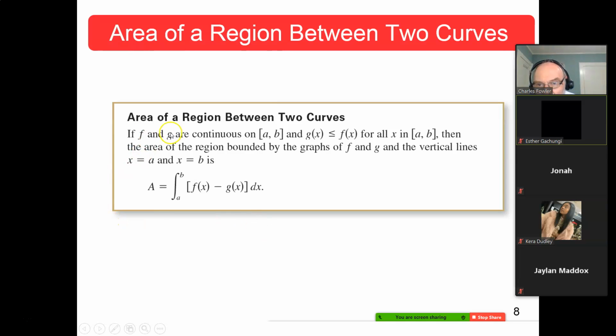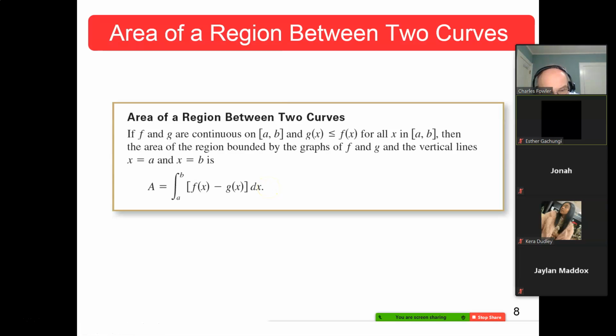If f and g are both continuous functions on some interval a to b, and you're guaranteed on that interval that g of x is always less than or equal to f for every x in that a to b, okay, then the area of the region bounded by the graphs of f and g, and the vertical lines x equals a to x equals b, is just that area, the integral from a to b, f of x minus g of x dx.